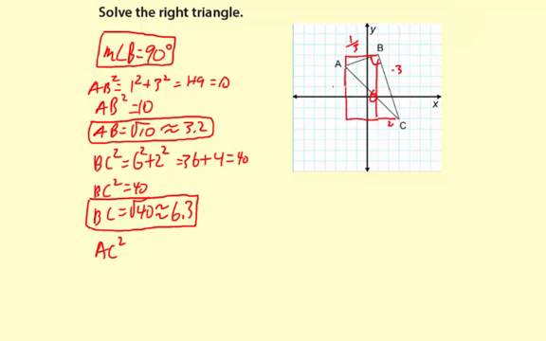So it's down 1, 2, 3, 4, 5, and then right 5. So AC squared is 5 squared plus 5 squared, which is 25 plus 25 equals 50. So AC squared equals 50, which means AC equals the positive square root of 50.